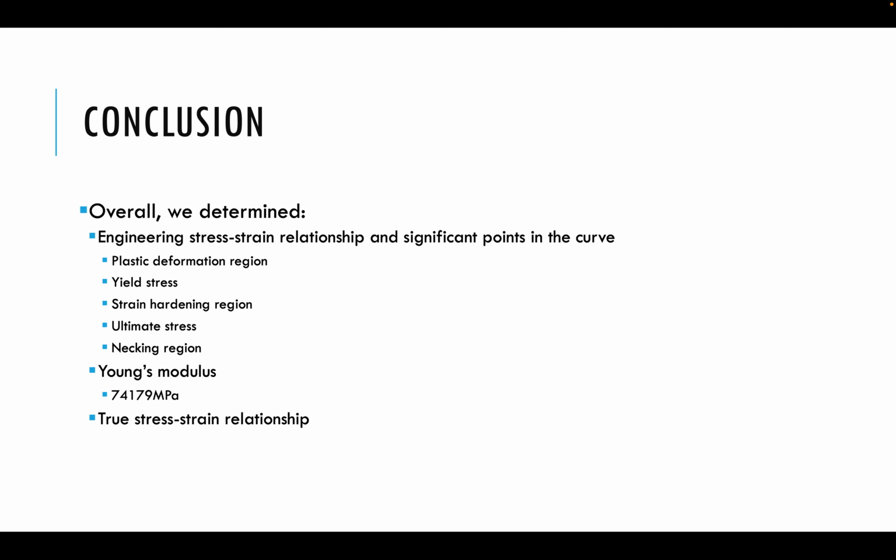So to summarize, in this presentation we first covered the engineering stress-strain relationship and significant points in the curve, including the plastic deformation region, yield stress, strain hardening region, ultimate stress, and necking region. We also calculated the Young's modulus, which is the slope of the initial linear portion of the stress-strain curve.